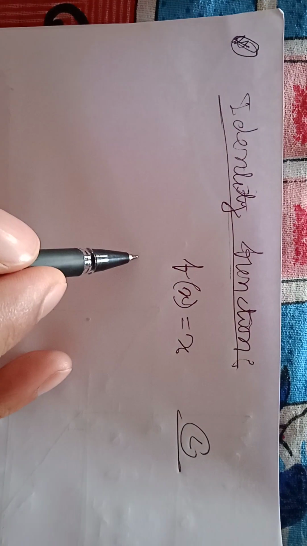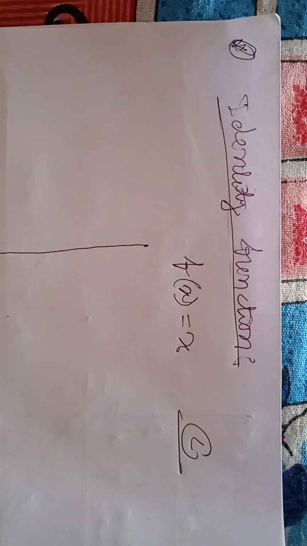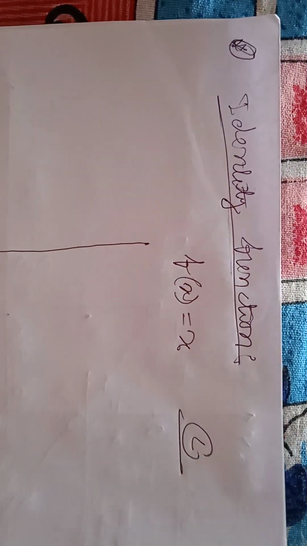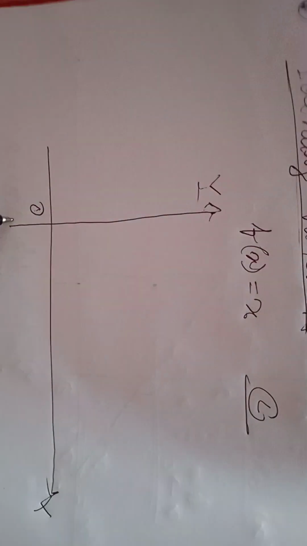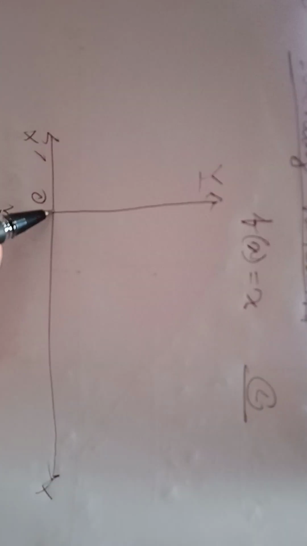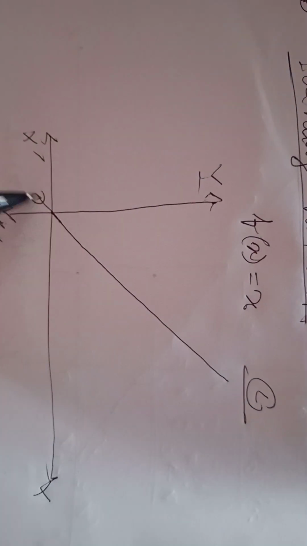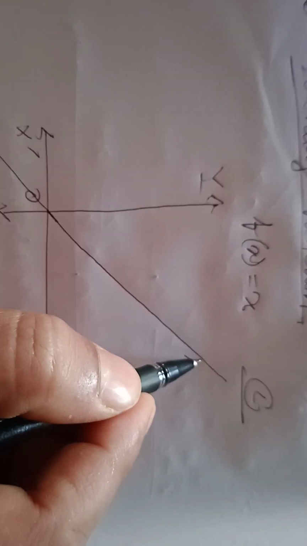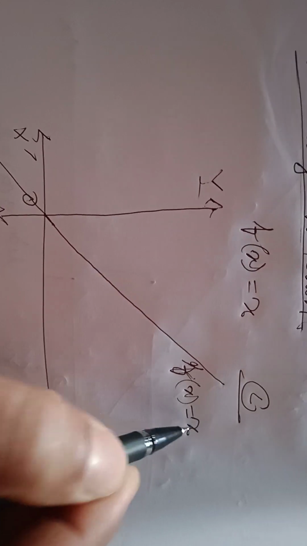So try to draw the graph of this function. This is the origin, x-axis, and this is the y-axis. The graph of this function should be, as we know, this 45-degree line, f(x) equals x, or y equals x.